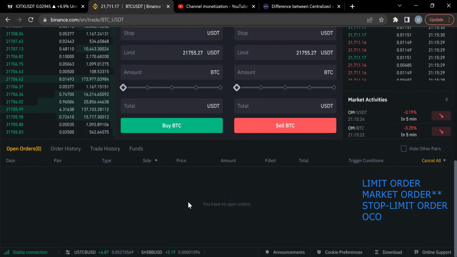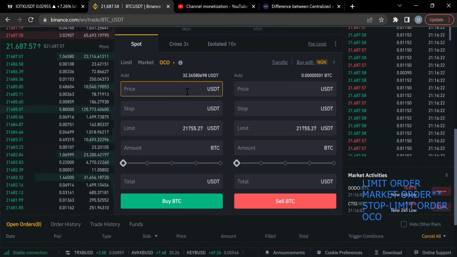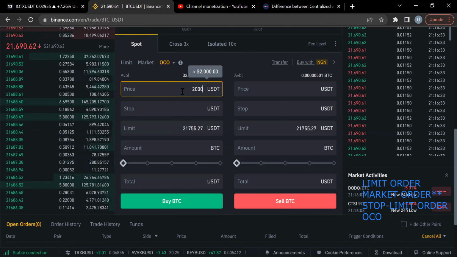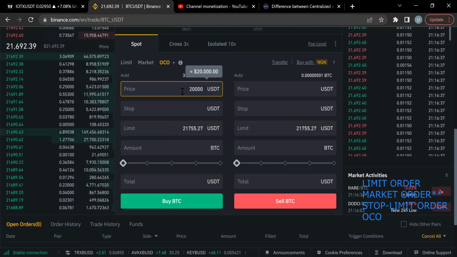So now, listen very carefully. We want to combine all of it together. Now, you first put the price you want to buy at here. Let's say you want to buy at 20,000. So this is for the normal limit.